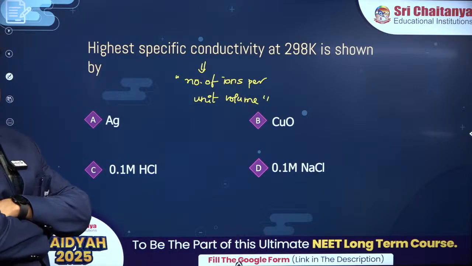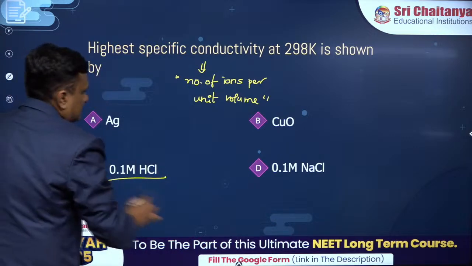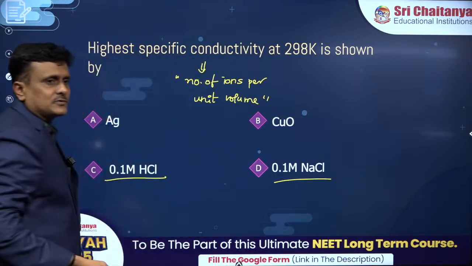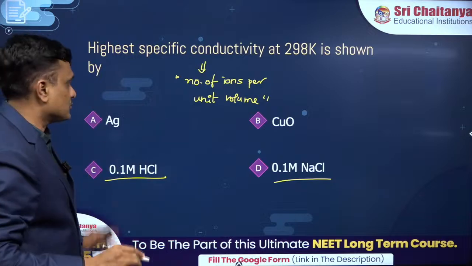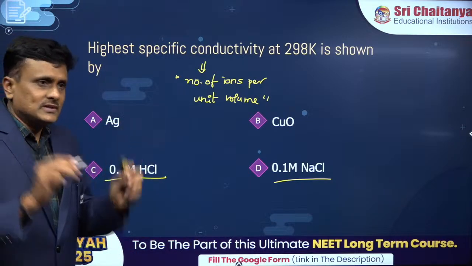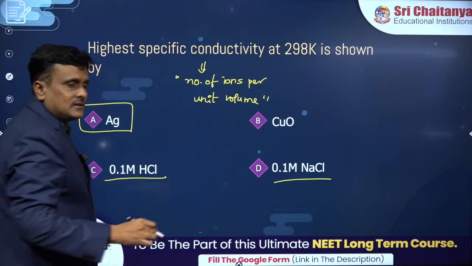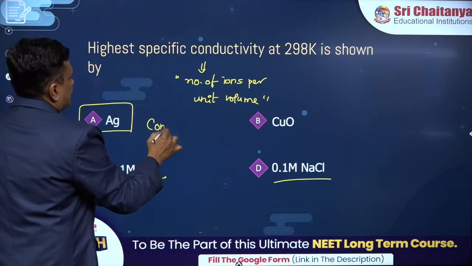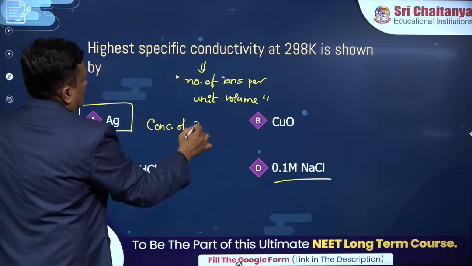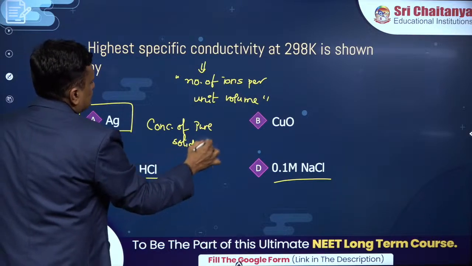You can see if you are going by the number of ions, you know that this and this have the same dissociation pattern, same number of ions. So you cannot mark both, right? The answer has to be among these two. You should know that the answer for such cases is this. I'll tell you the reason why. The concentration of pure solid is always taken as what? 1.